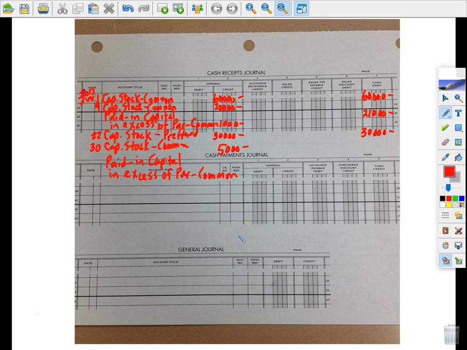Okay, so how much did we have in excess? So what's 500 times 11.25? Okay, so that's how much we actually collected in cash. 5,625, you say? Okay, so the difference is what will go to this paid in account, which is 625.